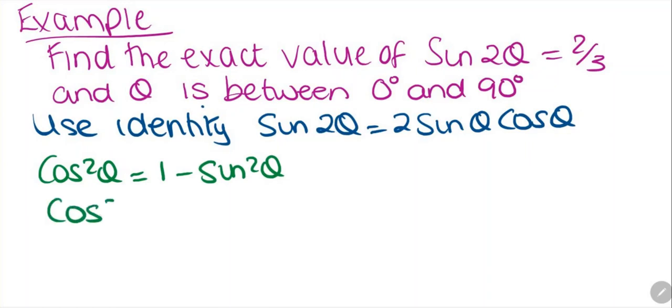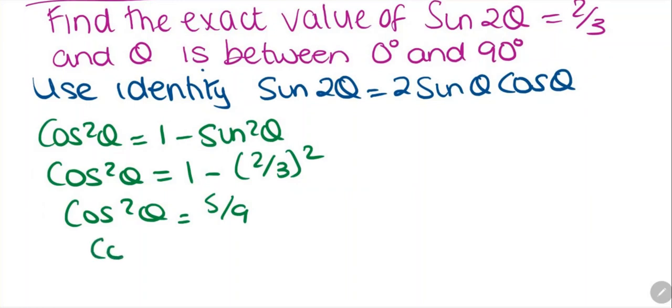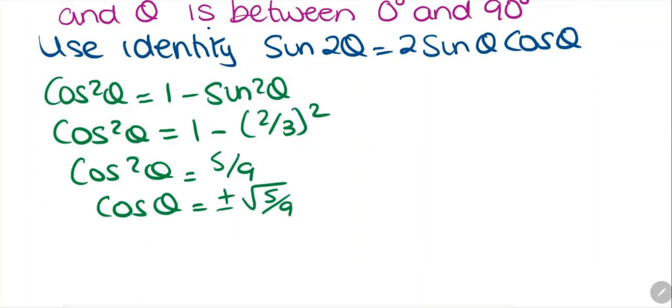So cosine squared theta is 1 minus, and we're given 2/3 squared. So cosine squared theta is equal to 5/9. And if we take the square root, we will have plus or minus root 5 over 3.